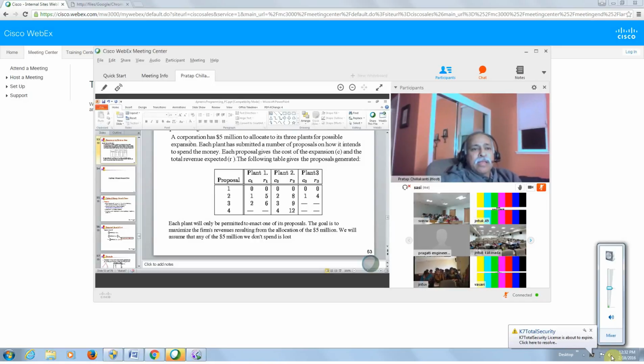But then JNTU Kakinada put something there. Let me read it out. I think they put it in private, no? So you're saying, JNTU Kakinada, explain to us what you mean by saving the sequence that satisfies the condition at last.